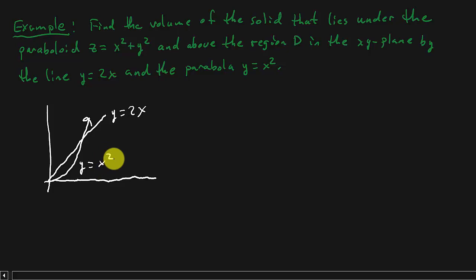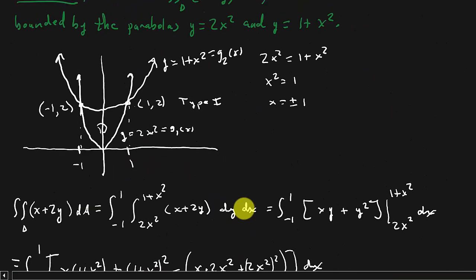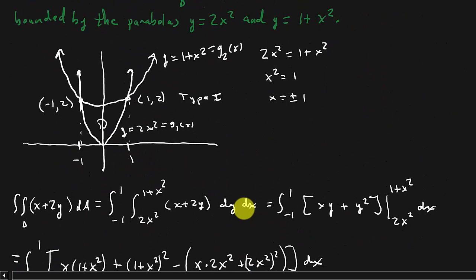So let's first set it up as a type 1. Oh, and the other thing too, I should have drawn this in there, but you can draw an arrow there. If you're going for a type 1 region, your arrow is going to be up and down here, so you're going from this function to this function down here.